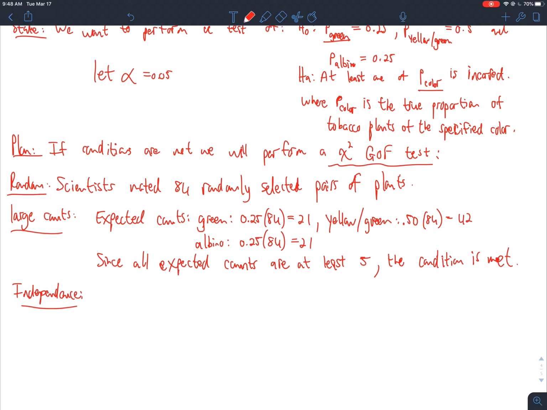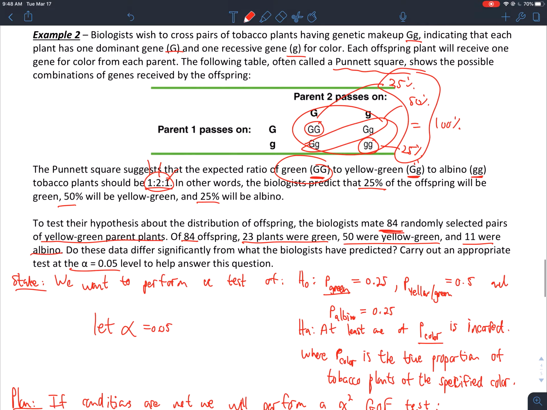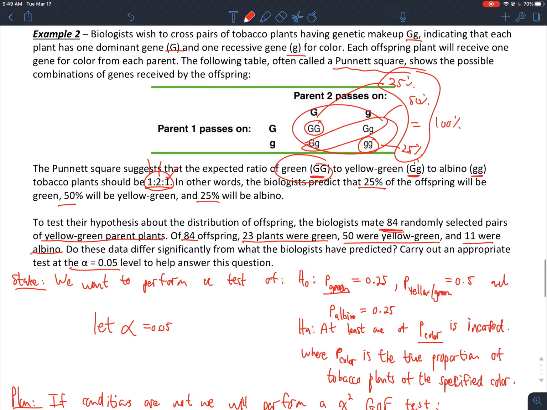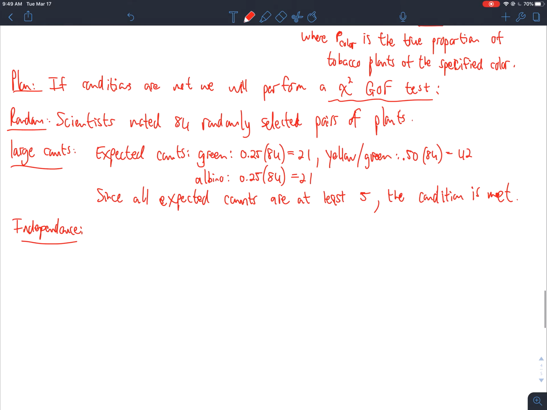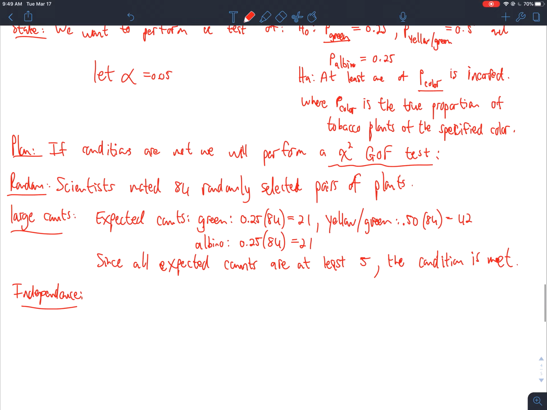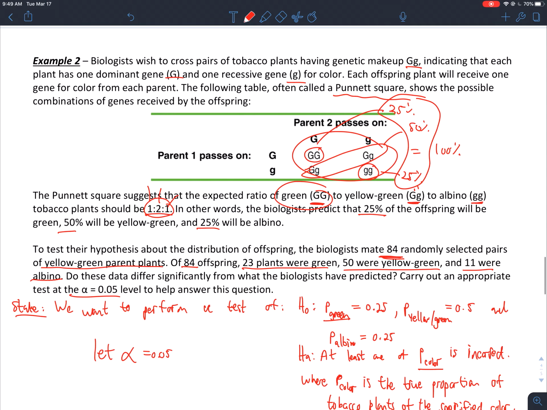And did they say that? Interesting. I don't know anything about independence here. But what we can say is, if you want to do the 10% condition, but this is not really sampling, is it?